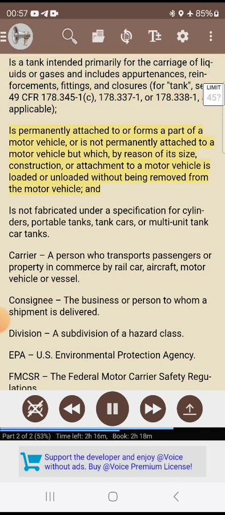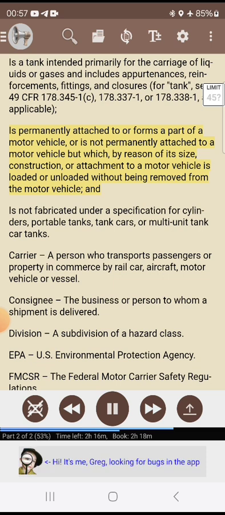It is permanently attached to or forms a part of a motor vehicle, or is not permanently attached to a motor vehicle but, by reason of its size, construction, or attachment, is loaded or unloaded without being removed from the motor vehicle, and is not fabricated under a specification for cylinders, portable tanks, tank cars, or multi-unit tank car tanks.